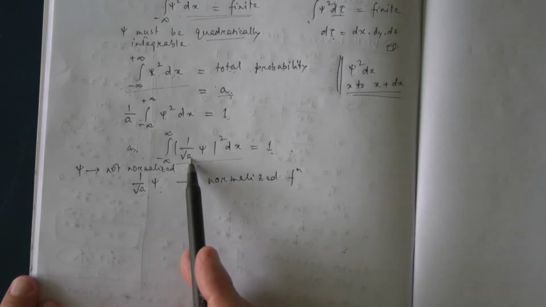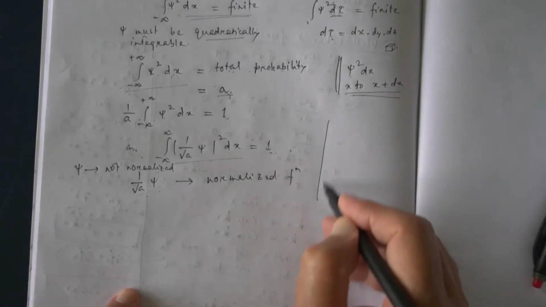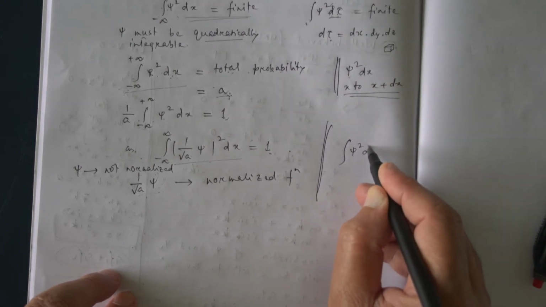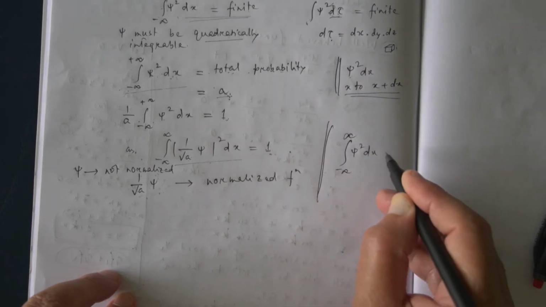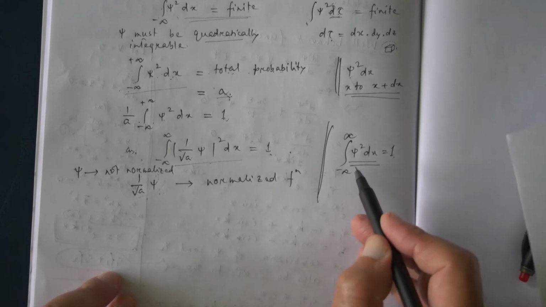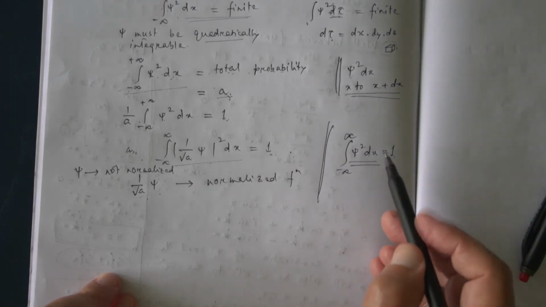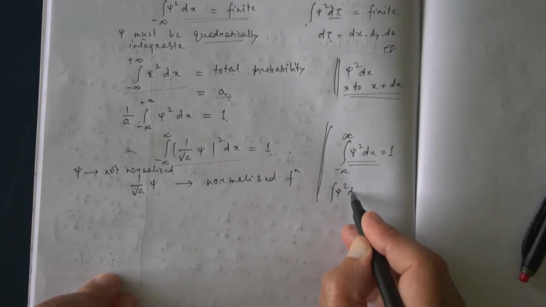And what is normalization? Normalization means integration psi square dx from minus infinity to plus infinity equal to 1. If this integration is 1, then we say that the function is normalized. This is in 1 dimension. In 3 dimension, it will be this.